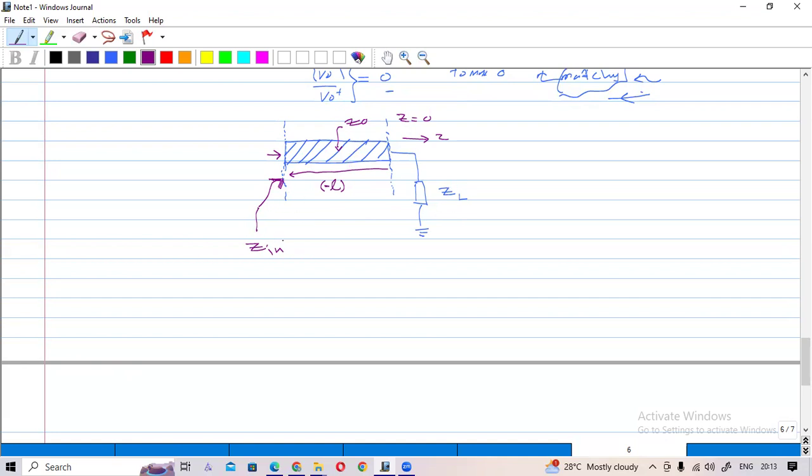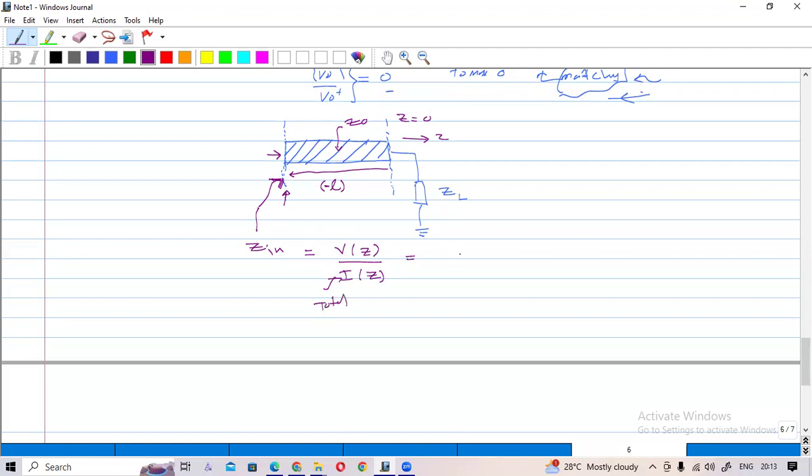An expression for ZE. So you know that Z in is equal to total VZ divided by total IZ.